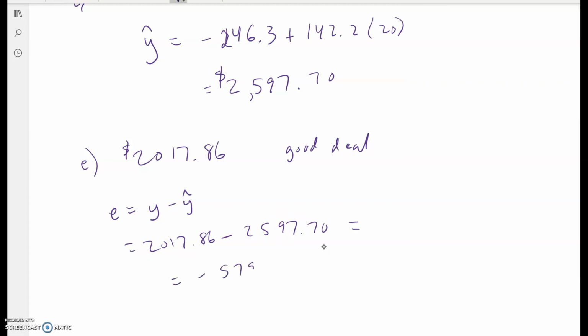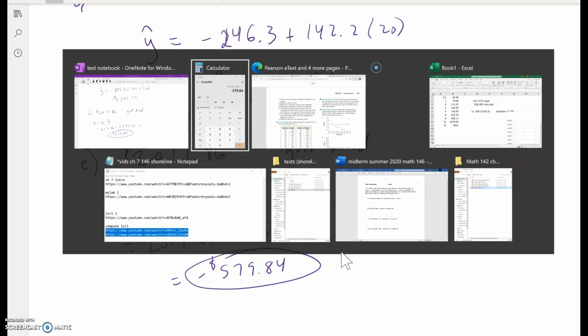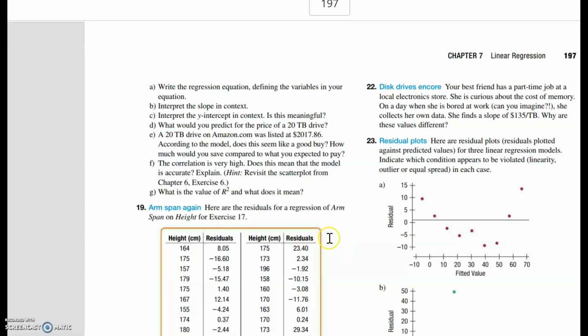And that's dollars. So that's how much money you would save right there, compared to what you would have predicted the price to be.